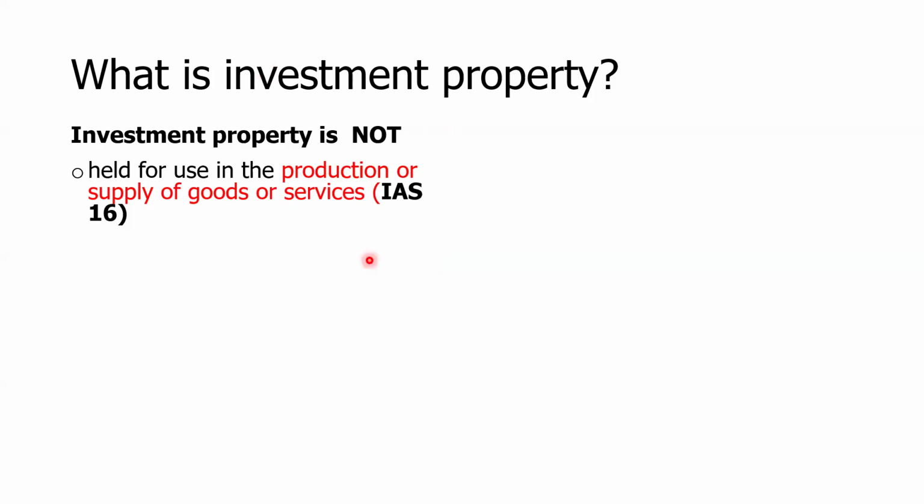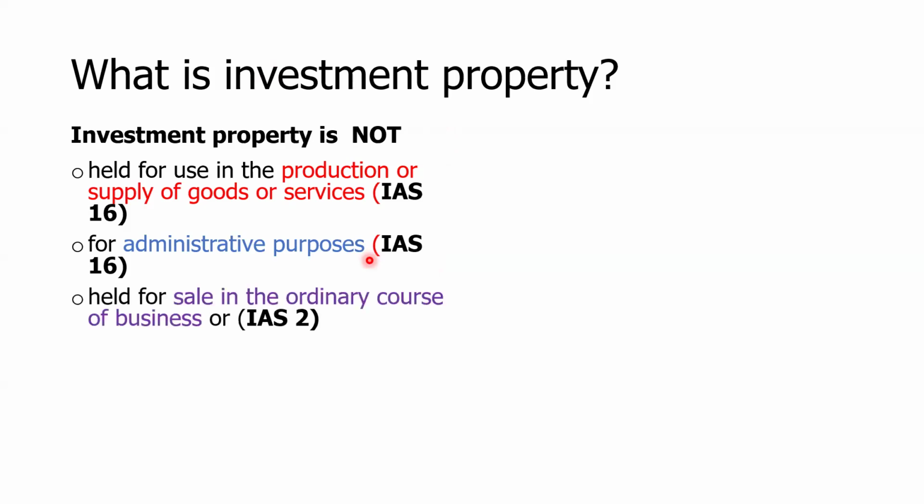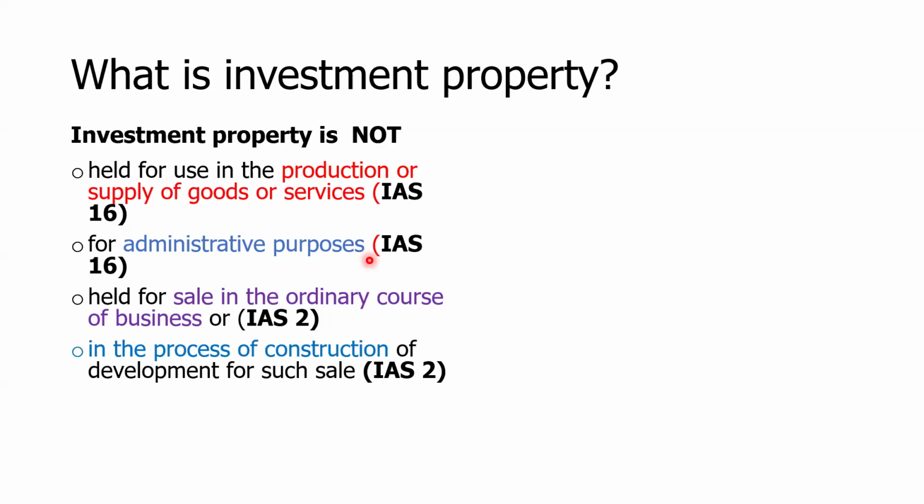IAS 16 has taken care of that. And investment property is not a non-current asset for administrative purpose. IAS 16. It is not an asset in the ordinary course of business held for sale, because IAS 2 has taken care of that, or in the process of construction or development for such sale.